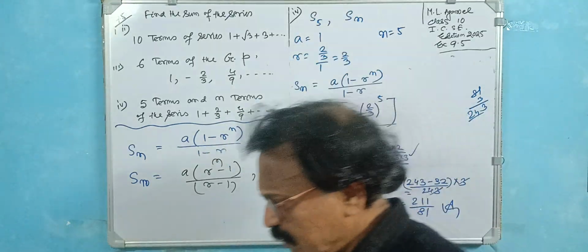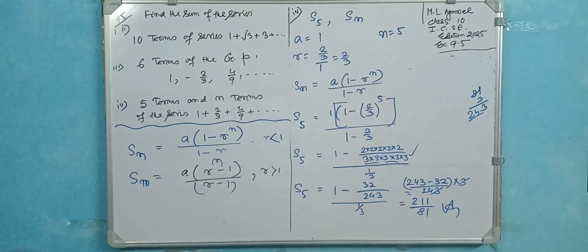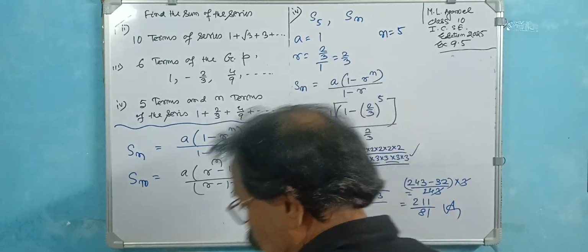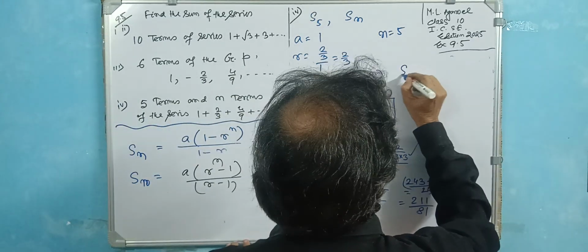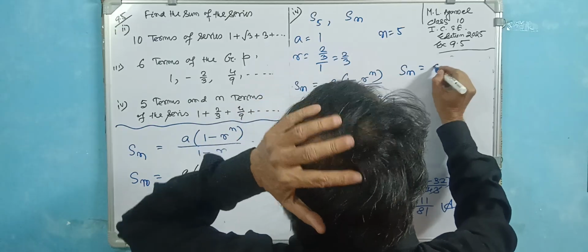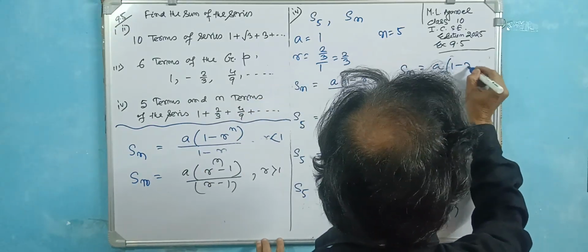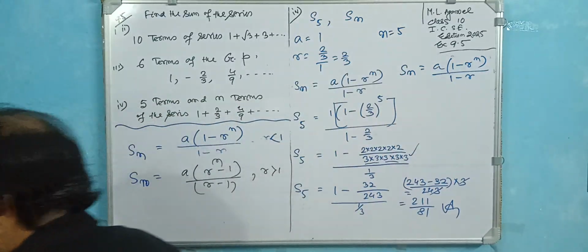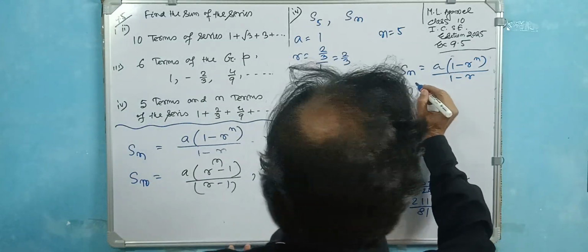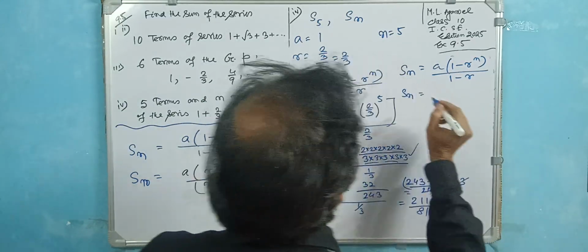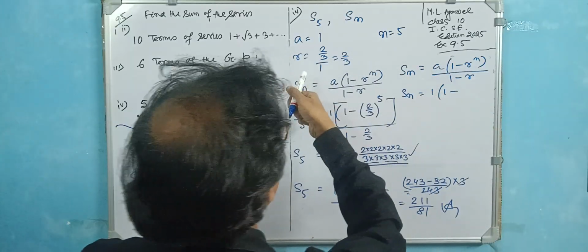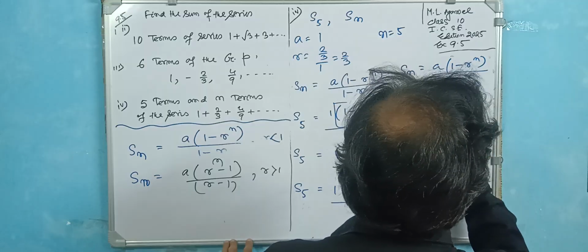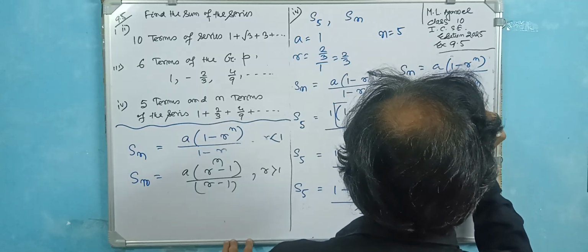Okay. Now the other is Sn. For Sn, you just put in the formula. You don't know the value of n, so we use the general formula. Sn is equal to a bracket 1 minus r to the power n by 1 minus r. So Sn, a is 1, bracket 1 minus, what is the value of r? 2 by 3 to the power n, and this is 1 minus 2 by 3. We just calculate.